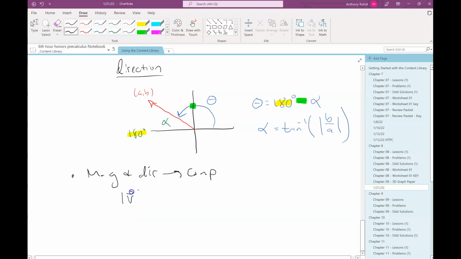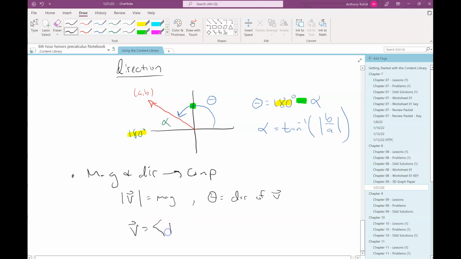So let's say that we'll write the magnitude of V using the vertical bars notation. And we'll just call theta the direction of V.